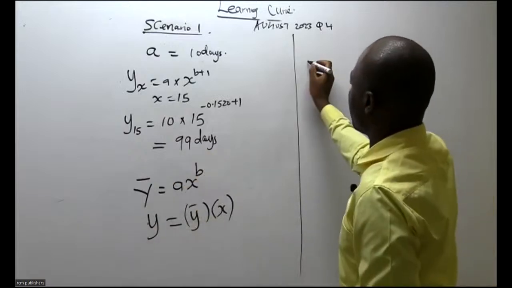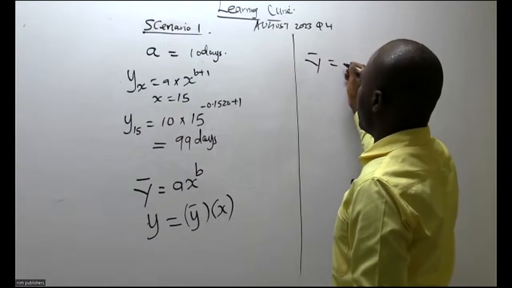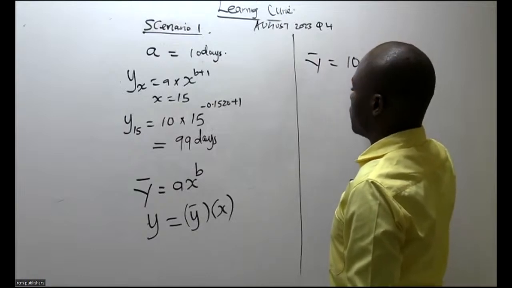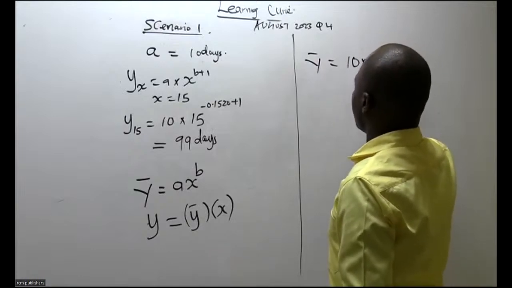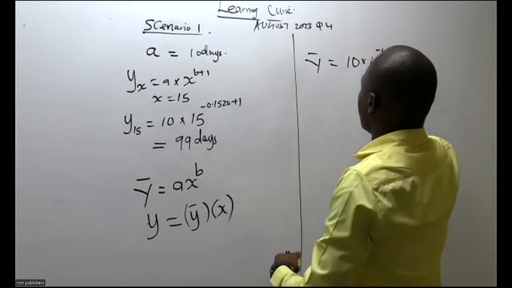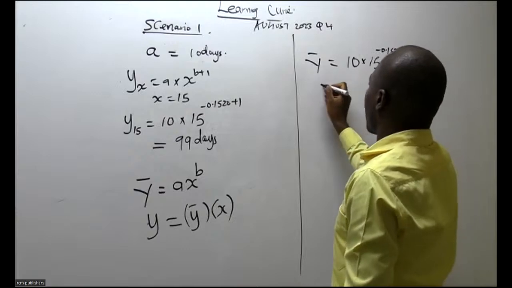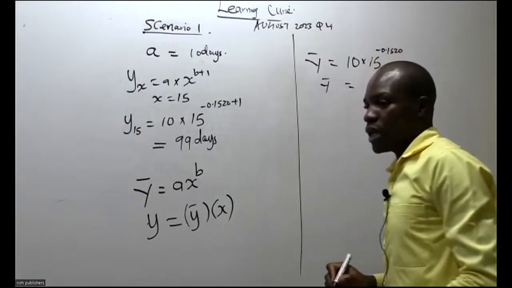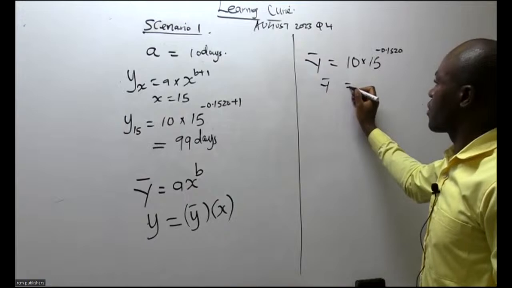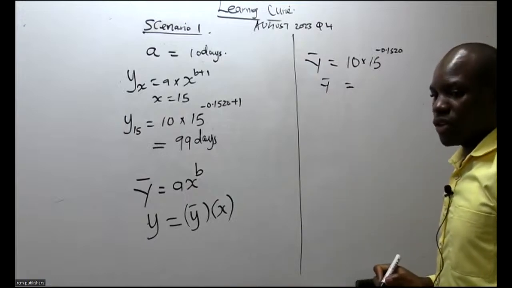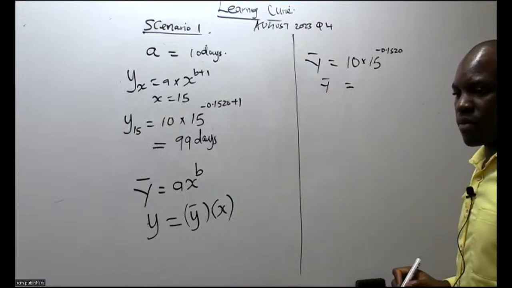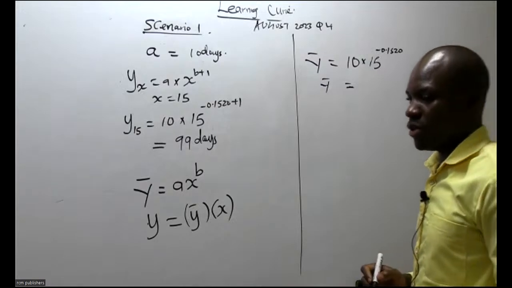Let's get the average first. The average will be A, which is 10, times X, which is 15, raised to the power negative 0.1520. How much do you get for that average? Time is not on our side.